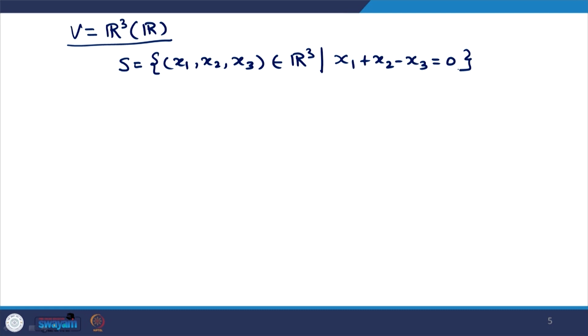In the previous lecture we learned how to prove that S is a subspace of R3. Now, we need to find the basis of S.